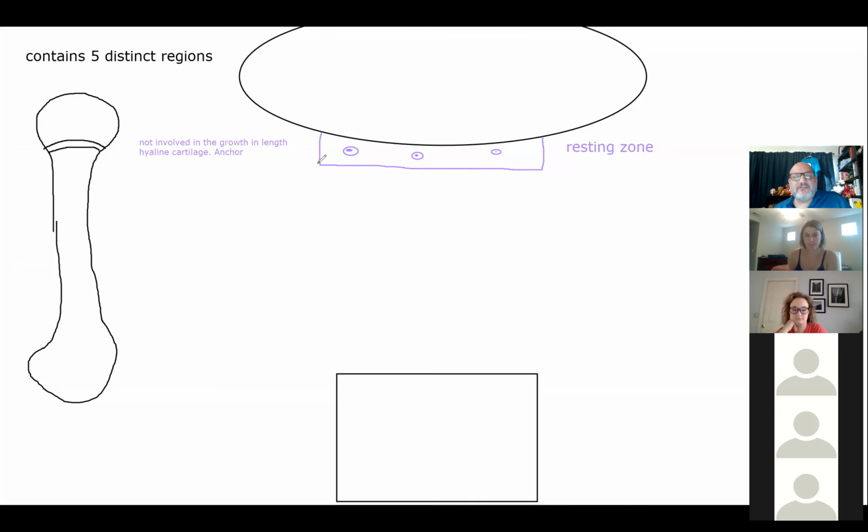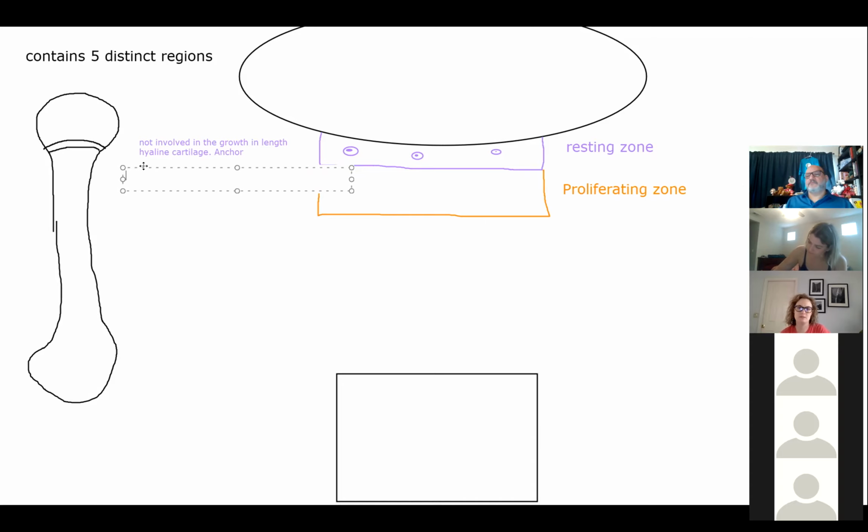So the next region is what is known as the proliferating zone. In this proliferating zone, what does it mean to proliferate? Yeah, if you're making more of, right? Proliferating, give birth to, making more of.